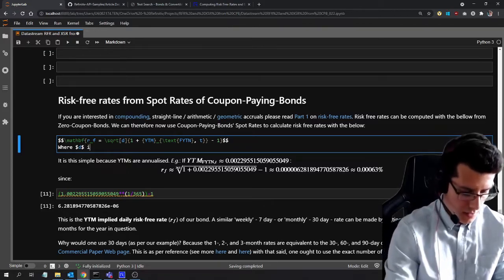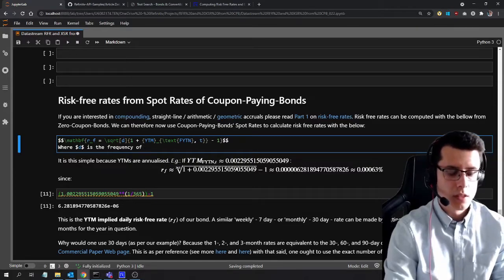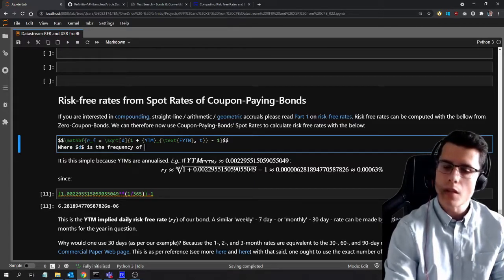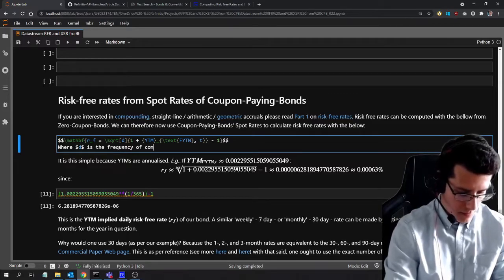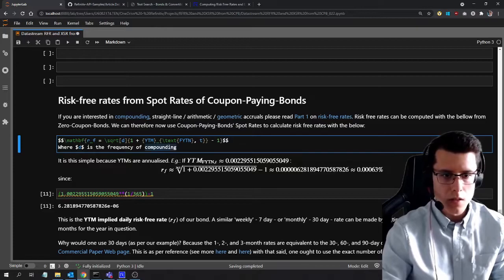So where D is the compounding frequency.